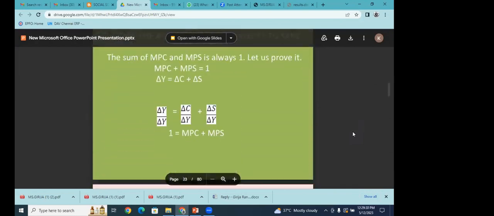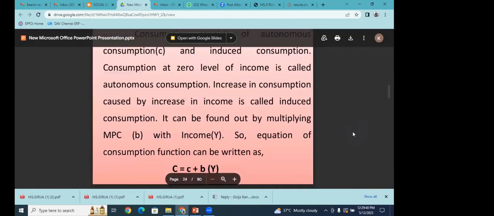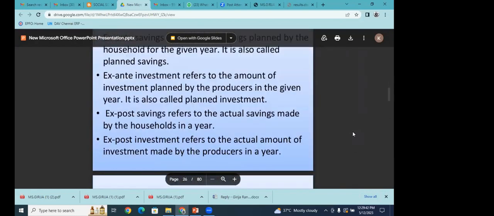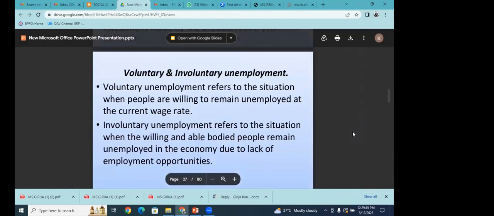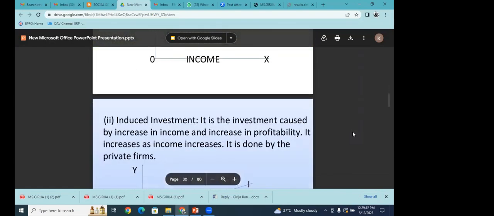The relationships and all we will skip. Next class, we will go on to the determination of income and employment. AD is equal to AS approach we will discuss, then S is equal to I approach. Actually, in this chapter, few important concepts only will be repeatedly asked in the board exam.